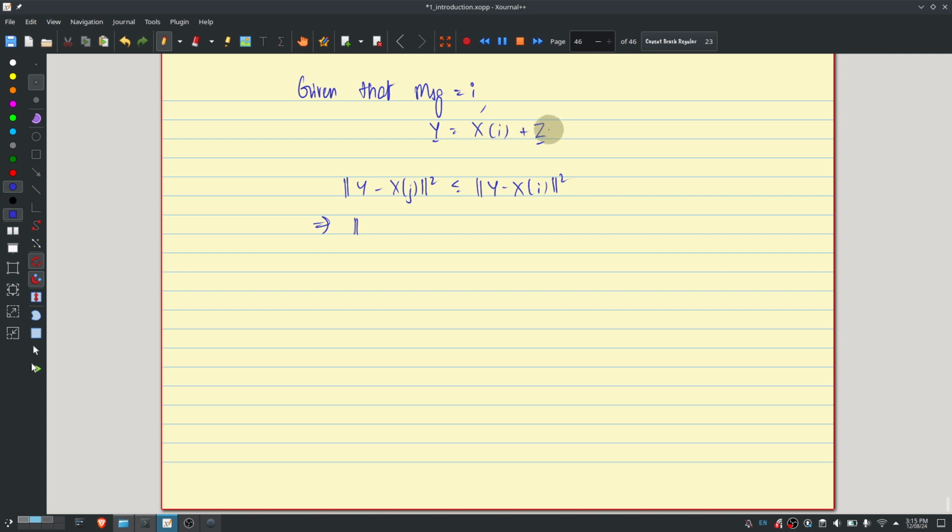So y is simply x of I plus z. So this is x of I plus z minus x of j squared less than or equal to x of I plus z minus x of I squared. This just cancels out.